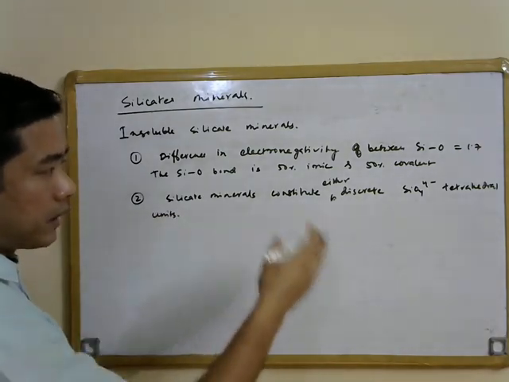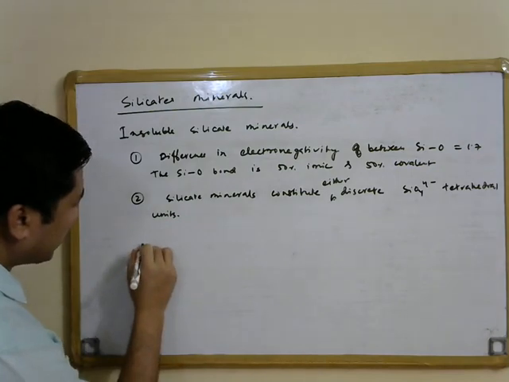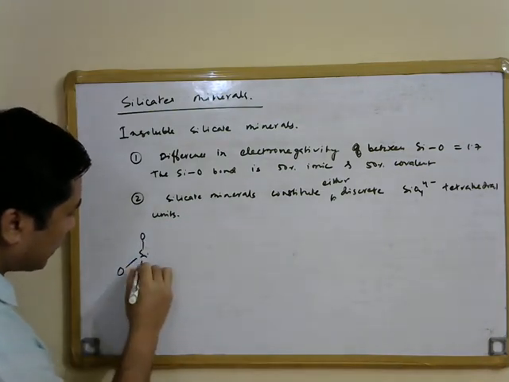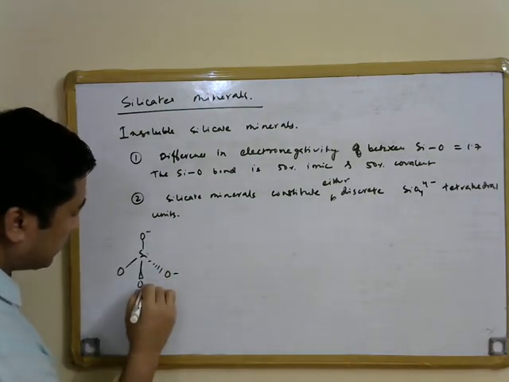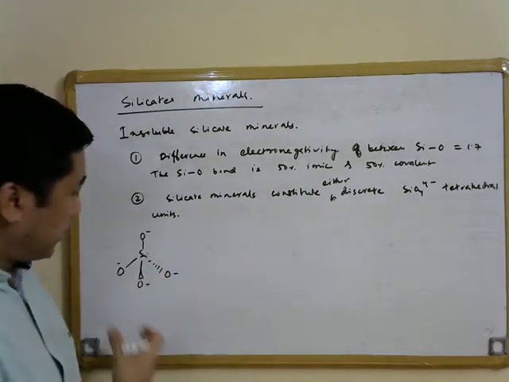We can draw the SiO4 4 negative tetrahedral unit in this way.